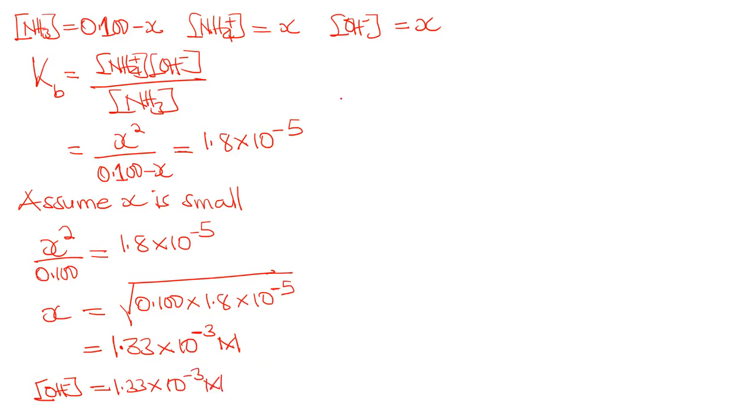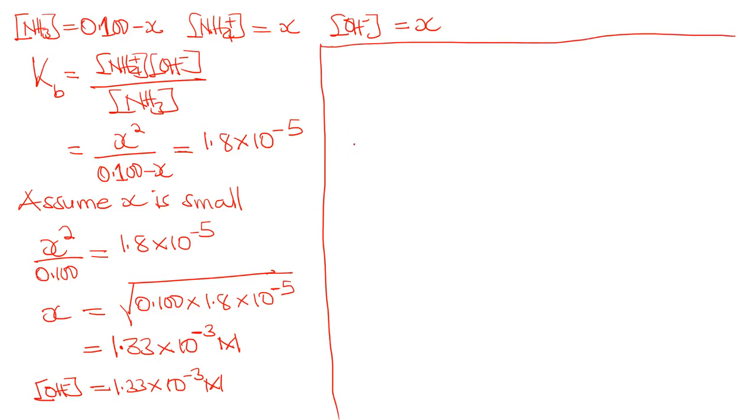Now we need to test if our assumption was correct. You need to always test the assumption. So 1.33 times 10 to the power negative 3 divided by the original molarity times 100% gives us 1.33%, which is less than 5%.